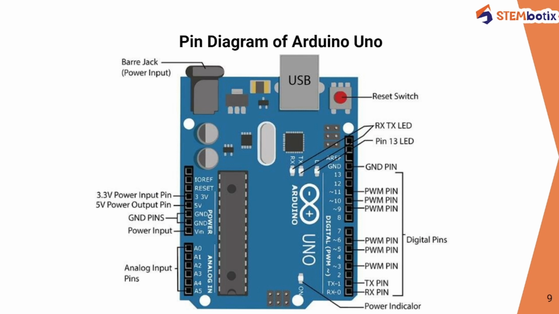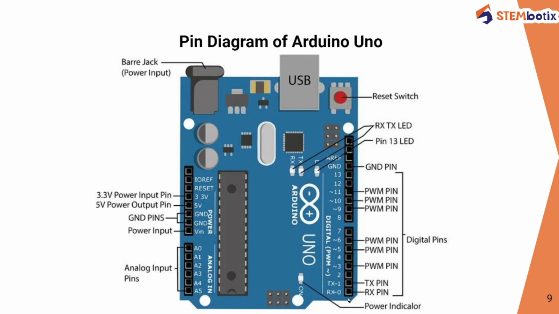You can see this as a pin diagram for the Arduino Uno board. This is how your Arduino Uno board looks like, and these are the different components on it. This is the image of how your board looks.